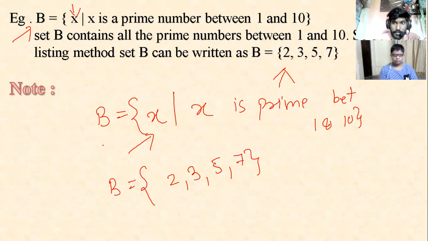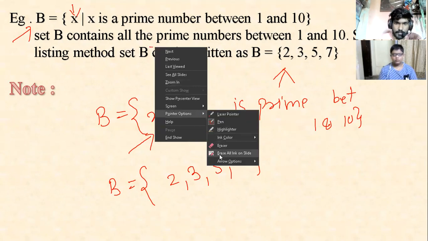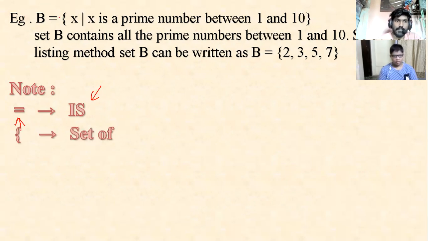Whenever I say property of the variable, that means whatever x represents in the question. So a few points to note. Usually equal to is read as is. So B is a set, curly bracket is read as set of, in set builder form.